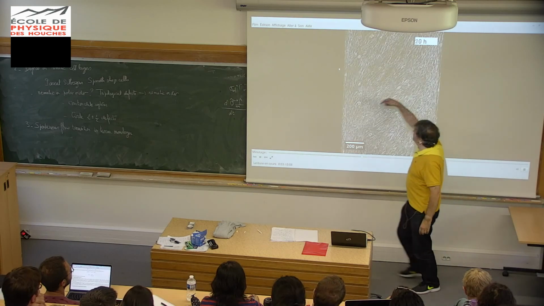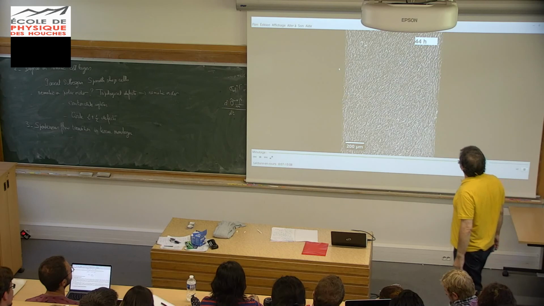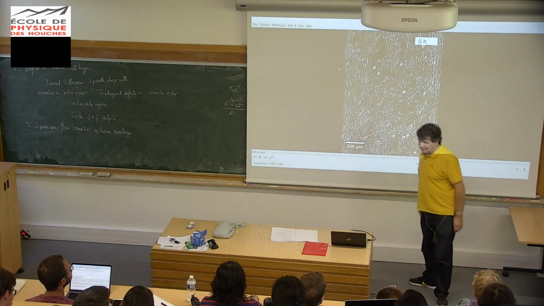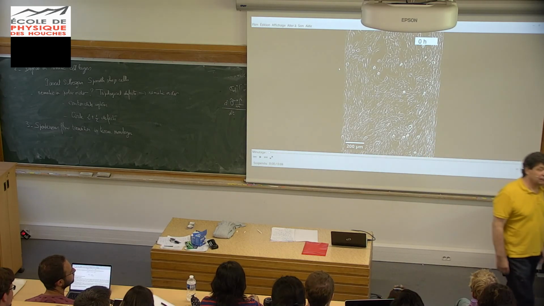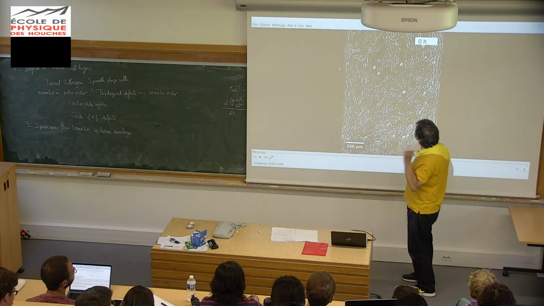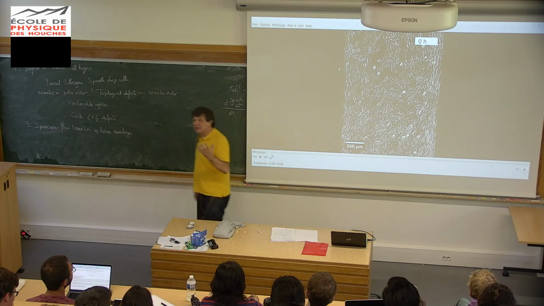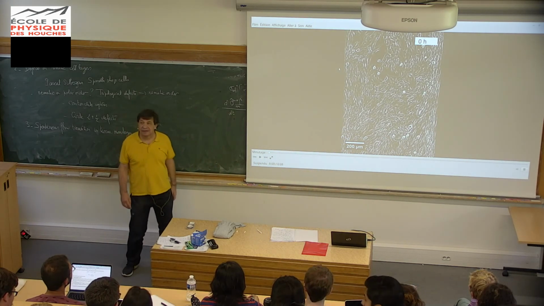So the cells go up in this direction, and they go down in this direction. So you see the velocity, the time scale. You have to look for a few days. And the order of magnitude of the velocity is what I said before, microns per hour, or even a fraction of microns per hour.